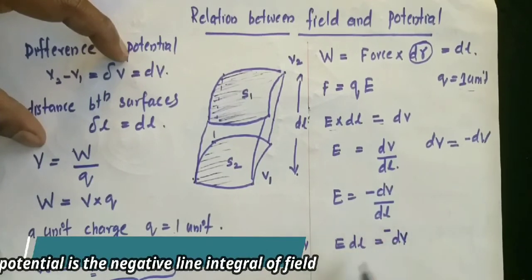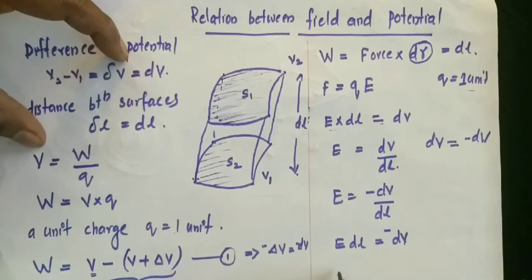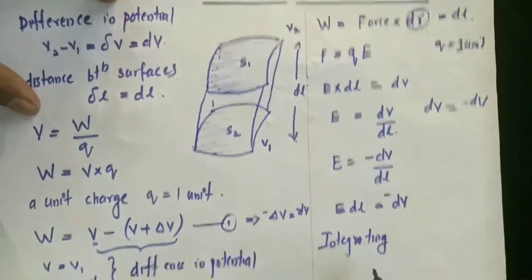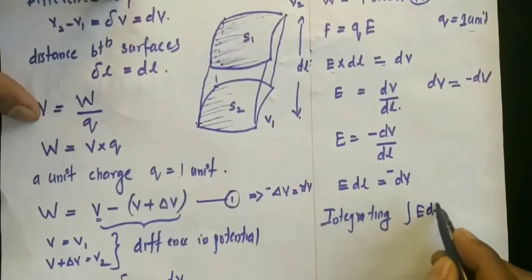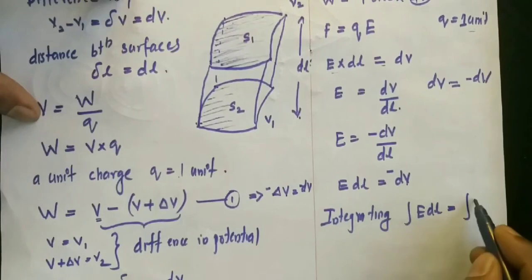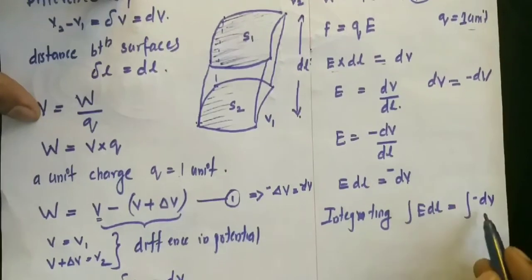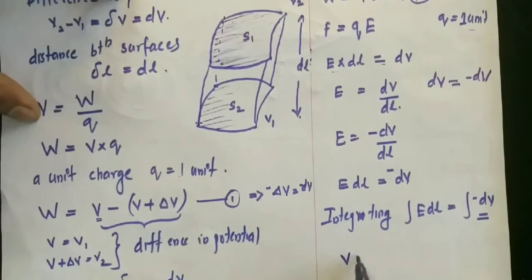Just cross multiply it. E dl is equal to minus dV, and integrate on both sides. We will get integral E dl is equal to integral minus dV. As you know, integral of dV is equal to V. So V is equal to minus integral E dl.